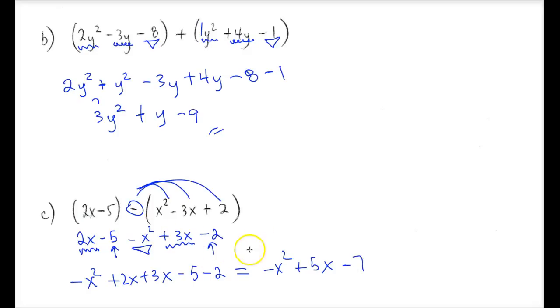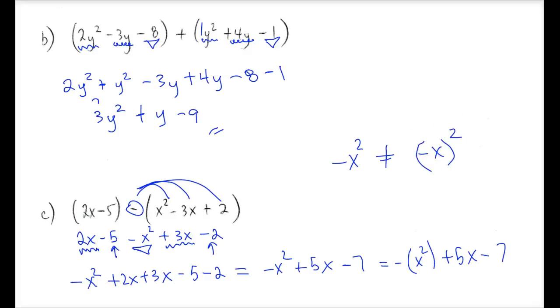And so I want to make sure that when you look at this, this negative x squared that you see there is interpreted this way. There is a difference between negative x squared like this and negative x quantity squared like that. So these two things are very different.